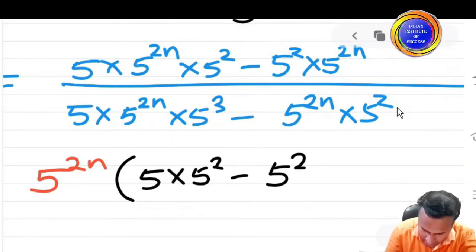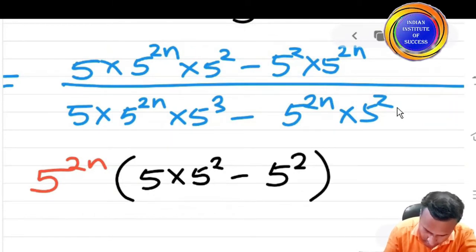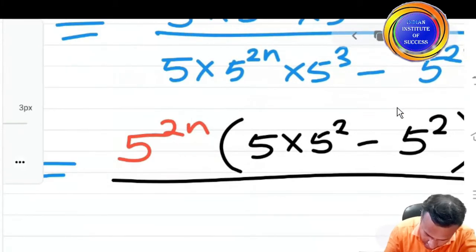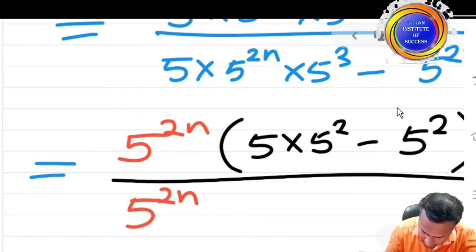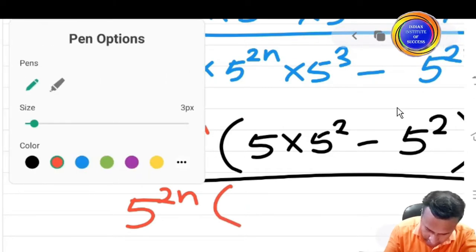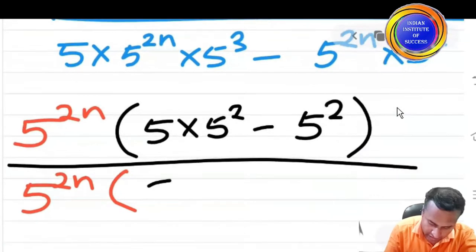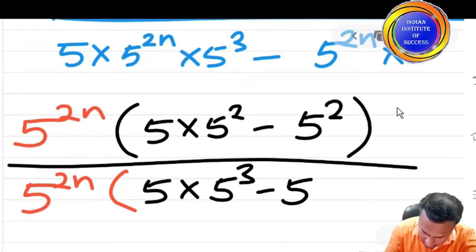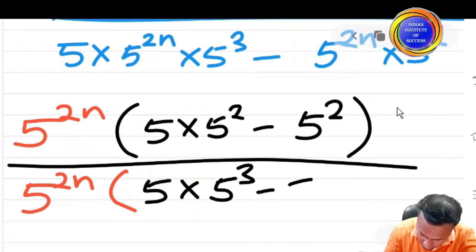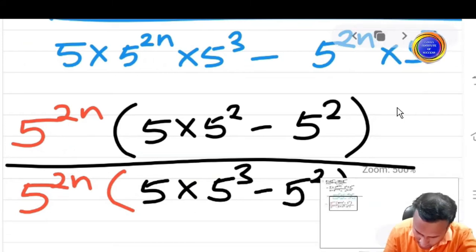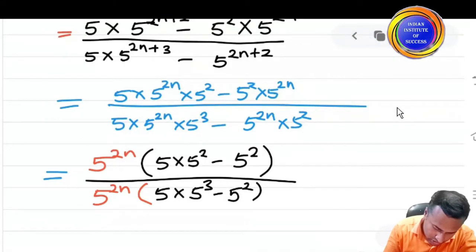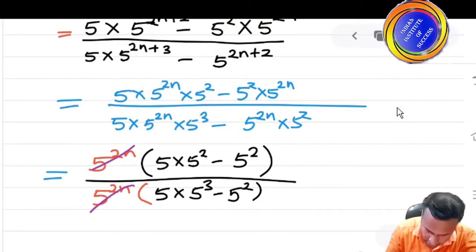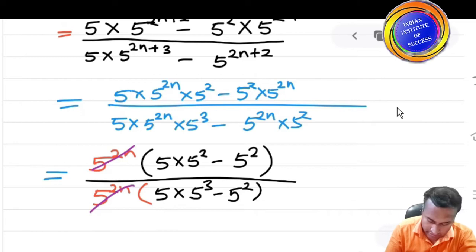Okay, nothing else we have to take out. Now here also we will take 5 raised to power 2n outside. What will remain inside? 5 into 5 raised to power 3 minus 5 raised to power 2 only. Okay, now students, we can cancel out the terms. 5 raised to power 2n, 5 raised to power 2n cancel out, it will divide.